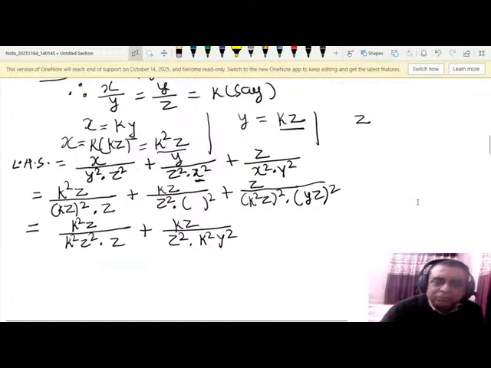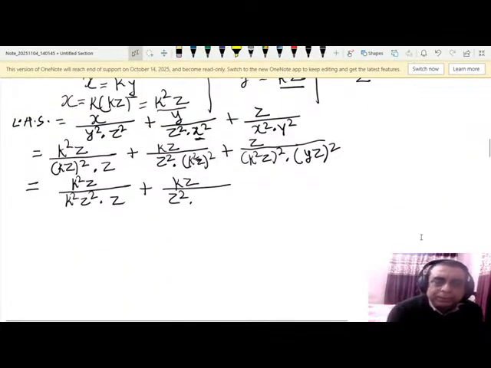Now x value in terms of z is k squared z. So right here, k squared z in terms of x, that will become k squared whole squared. So you write here kz divided by z squared, and k squared whole squared is k to the power of 4.